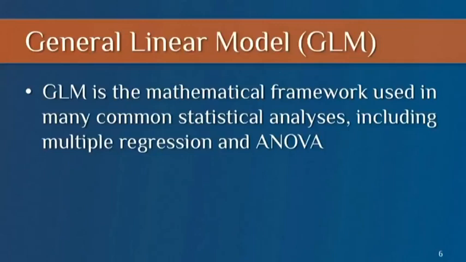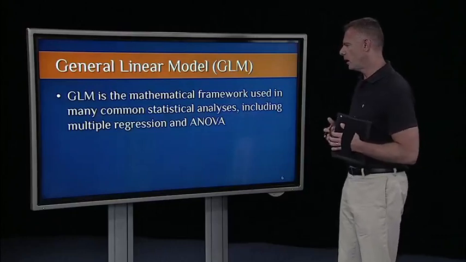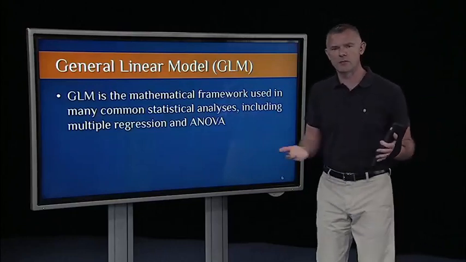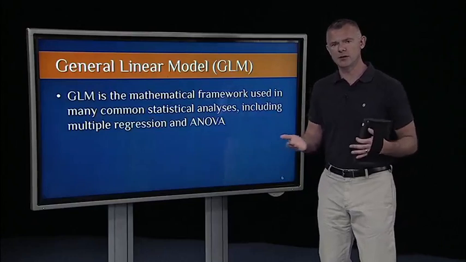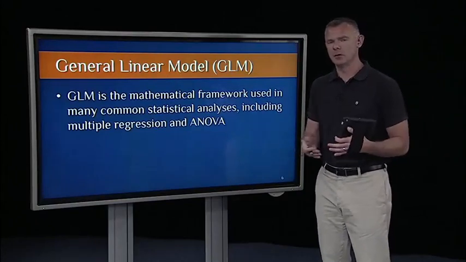To review the GLM, because it's been a while, we talked about it about halfway through the course, when we were talking about multiple regression, which is where I introduced the GLM. It's just the mathematical framework underlying all of those procedures that we were conducting, multiple regression and ANOVA in particular.